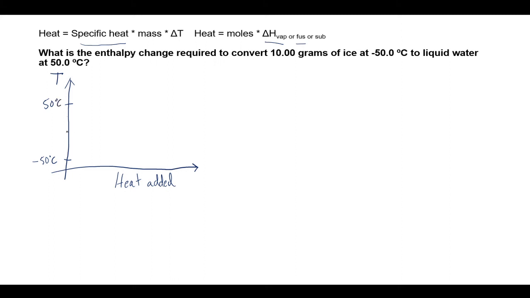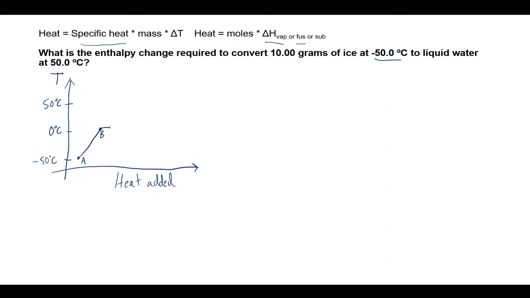But I know something about water that it's probably pretty important that I go through 0 degrees Celsius. Starting at my point, we'll say A here, I have to take this solid ice at negative 50 and add heat to get it to increase to 0 degrees Celsius. That's my A to B transition here, heating up the ice.